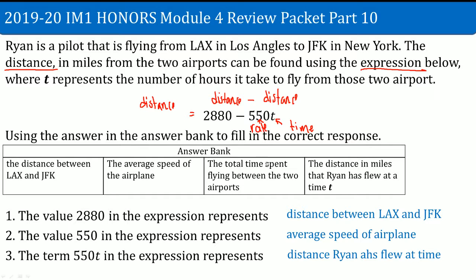If you have any questions, just let me know. The total is distance. It says it right there. The 550t also has to be distance, right? And how do we get this distance? It depends on time multiplied by the average speed, or the rate.